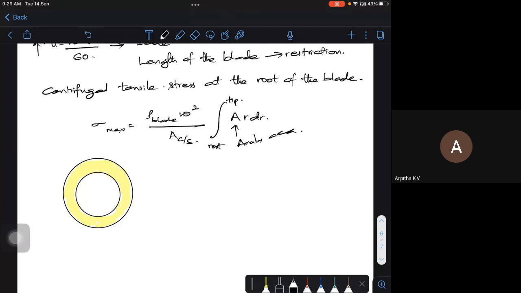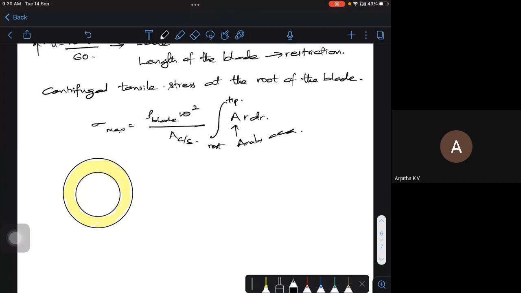Because the maximum stresses we get are all centrifugal in nature, and they grow away from your axis. As I move away at a very high speed, they become very critical. I myself have seen in test beds where some of the rotors or compressor blades have come out from the test bed.